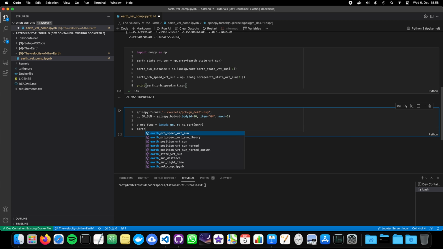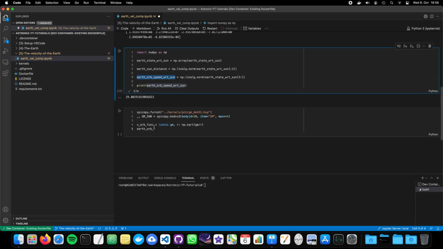Now we compute the Earth orbit speed, like you can see at the top here. We compute the velocity, but the theoretical expectation, not the actual velocity, based on the function we just defined.